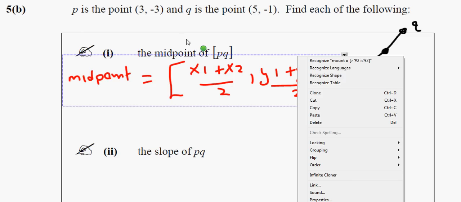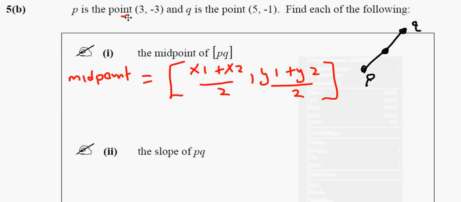We now know we have to make a list of what's what. 3 is going to be x1, y1 is going to be minus 3, 5 is going to be x2, and y2 is going to be minus 1.